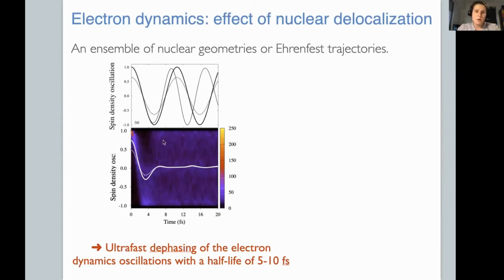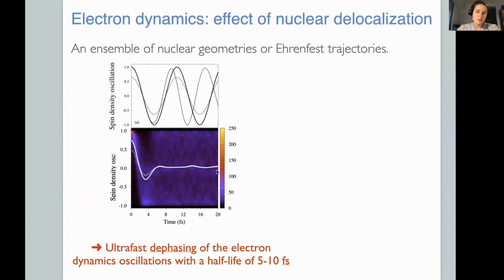This is for paraxylene, where the effect of the nuclear motion itself was actually small, comparing a single electronic simulation on the top and an ensemble of electronic simulations in the bottom, with each purple line representing one electronic dynamics simulation.